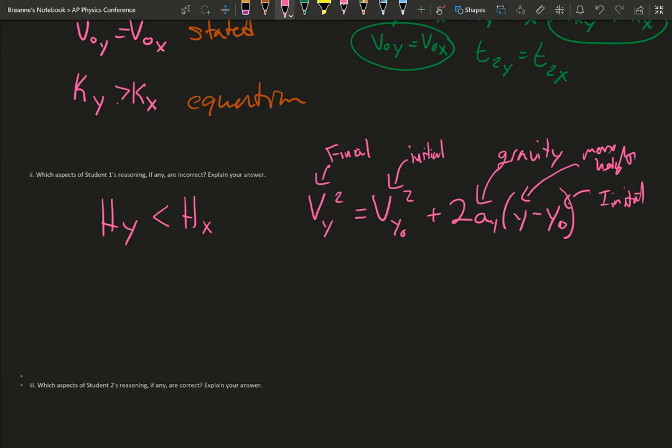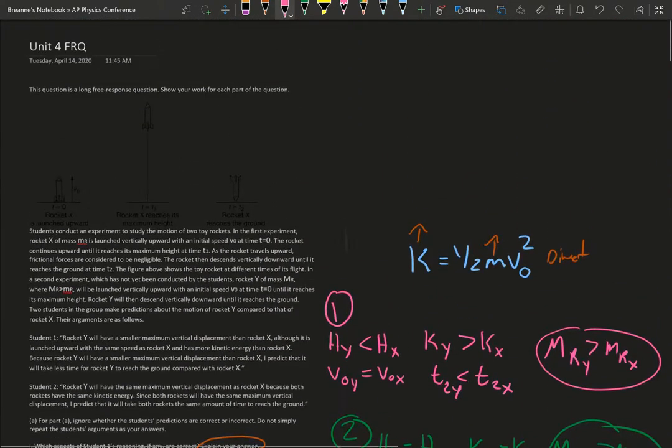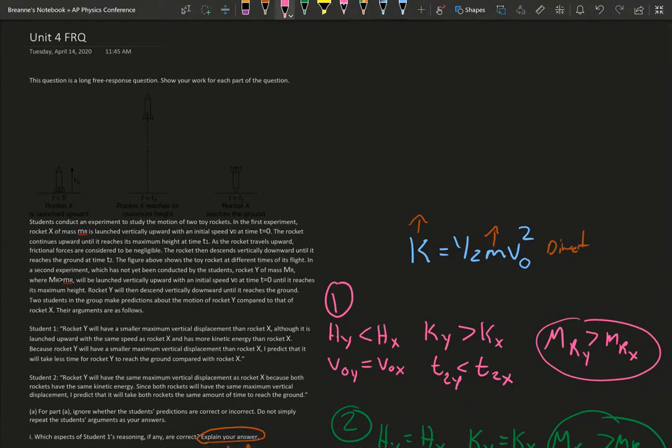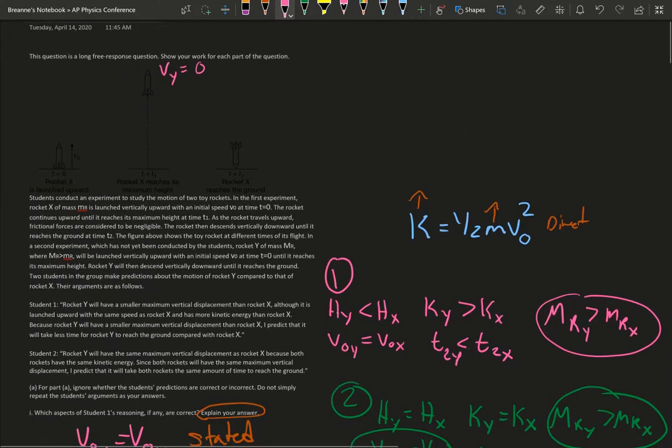So as the rocket is going up, what is your velocity at the tippy top? Hopefully you said 0, because at the very top, it stops.